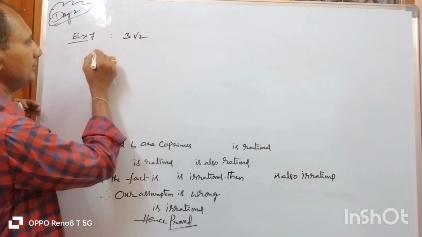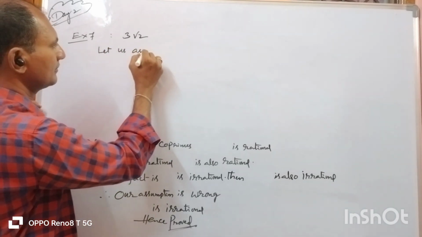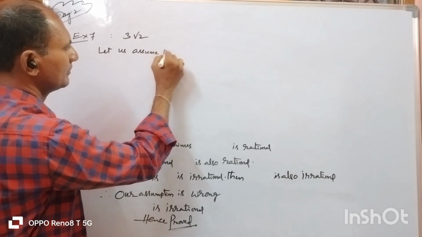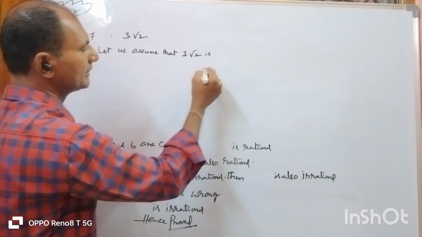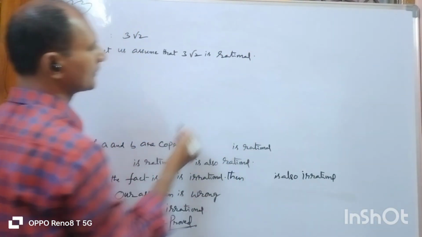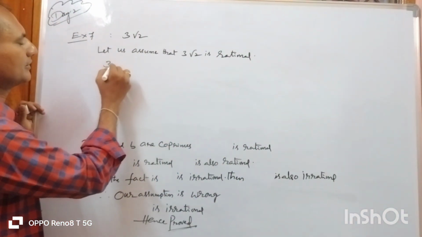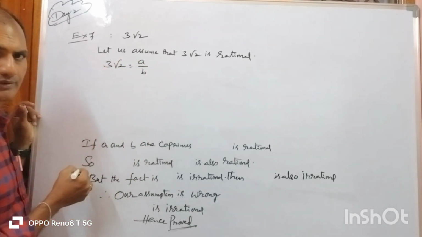First step is the same. Let us assume that 3 root 2 is rational. Rational means 3 root 2 equals a by b.